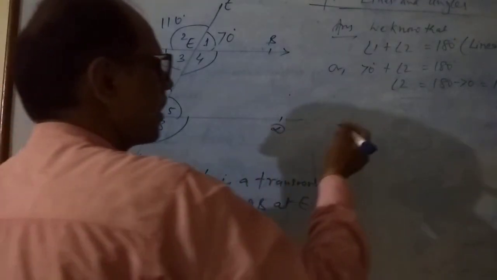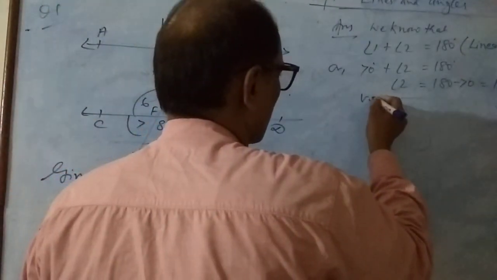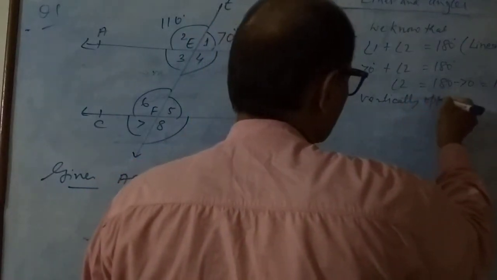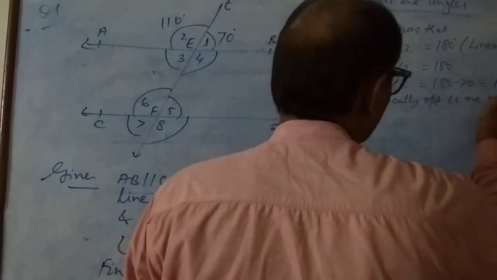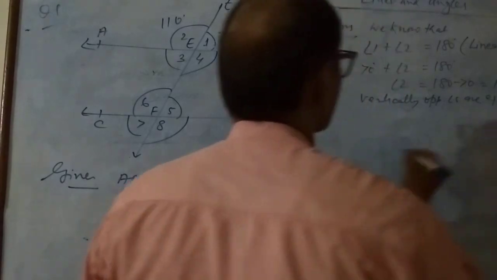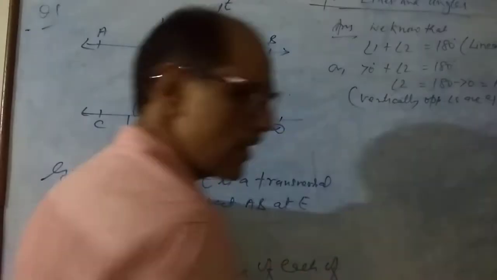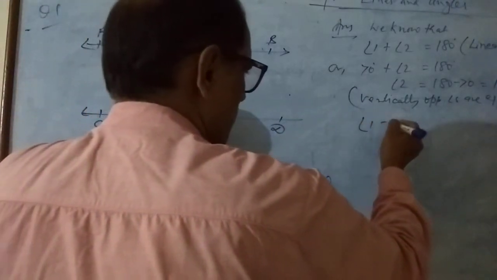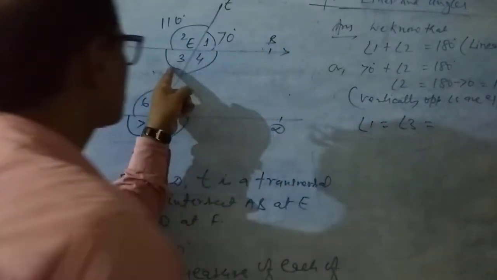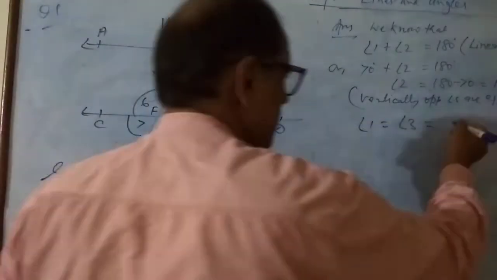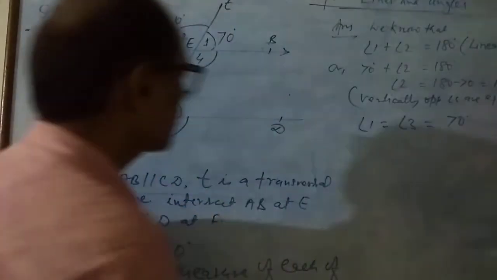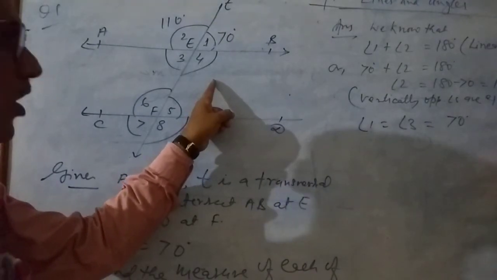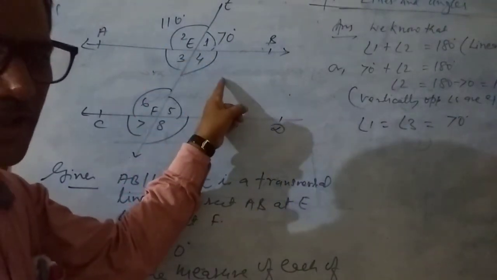Now, vertically opposite angles are equal. Then angle 1 is equal to angle 3, which is 70 degrees, and angle 2 is equal to angle 4, also vertically opposite angles.